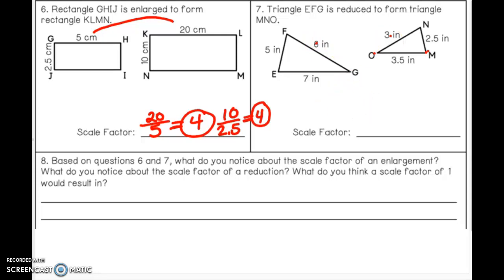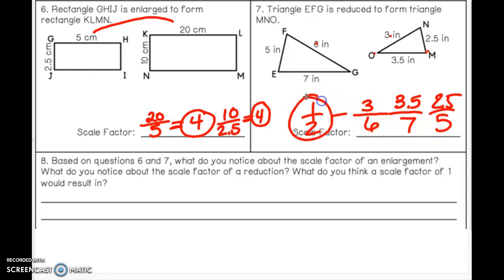So half of 6 is 3. Half of 5 is 2.5. Half of 7 is 3.5. So if you look at all of these, they all reduce to 1/2. So the scale factor here is 1/2.